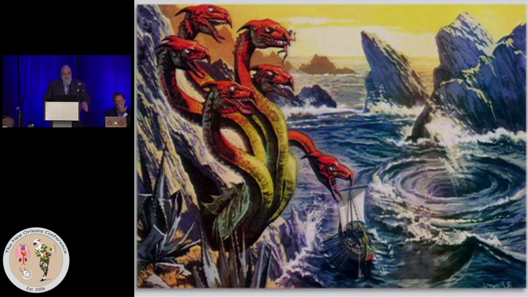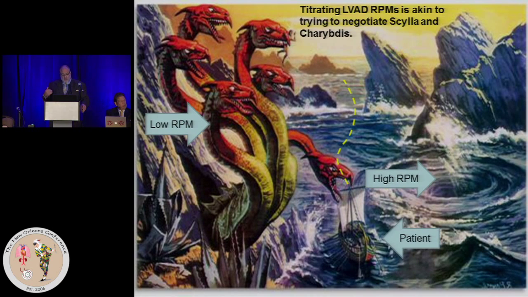And it's come to be a metaphor for very treacherous routes that there isn't a clear path through. And so how do we negotiate this route? Because I firmly believe that titrating LVAD RPMs is akin to trying to negotiate between these two evils.